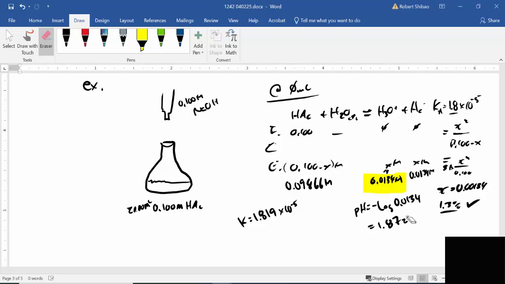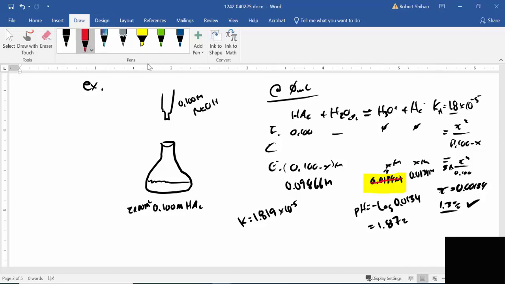So when I did my K check, I used 0.00134, but when I did the pH, this pH kind of had me worried because it's a weak acid, and the pH is kind of low for a weak acid. But it was getting close to 2, so I just let it go. However, I used the wrong hydronium concentration for this pH. And so I want to correct that.